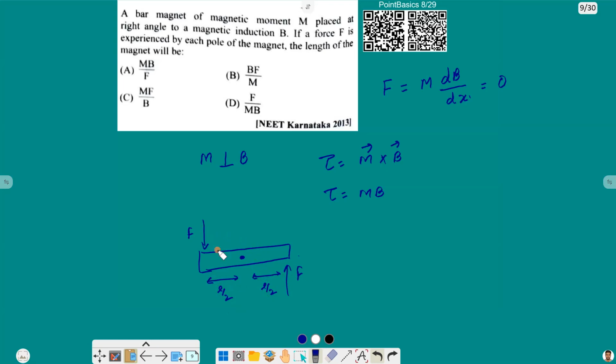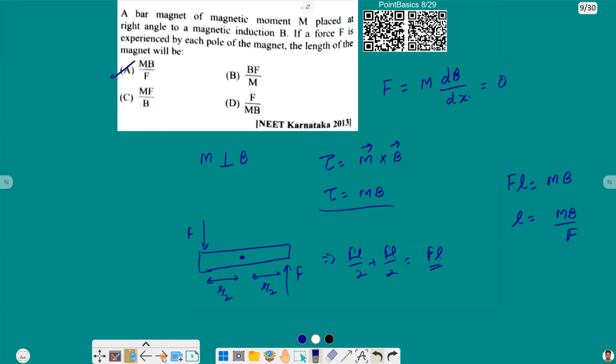So total torque by these forces will be FL by 2 plus FL by 2, that will be FL, and this torque should be equal to the torque of the magnetic field because this force is acting due to the magnetic field. So we can say FL is equal to mB, or L is equal to mB by F. So option A will be the right answer here.